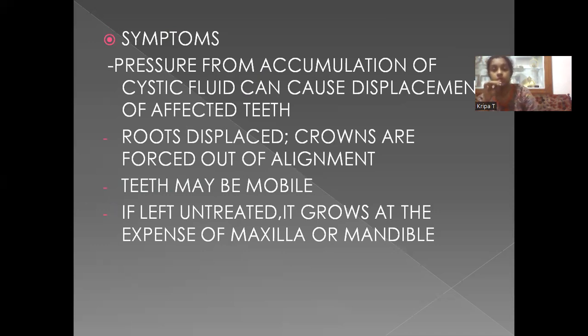The symptoms: there will be pressure from accumulation of cystic fluid, and this will cause some amount of displacement of the affected tooth. Roots will be displaced, crowns are out of alignment, teeth might be mobile. If left untreated, it can grow at the expense of your alveolar bone.